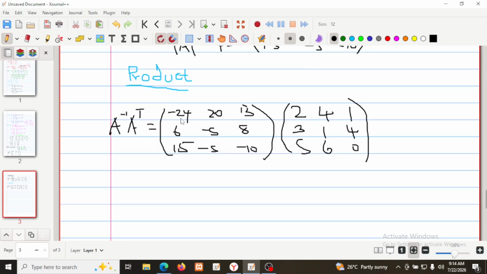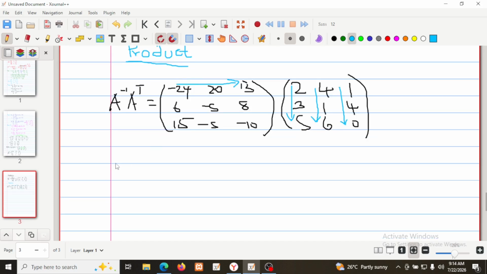Well, to multiply a 3 by 3 matrix, you will do the row and each and every column, one row and all the columns, like that. So we'll use the sky blue color.